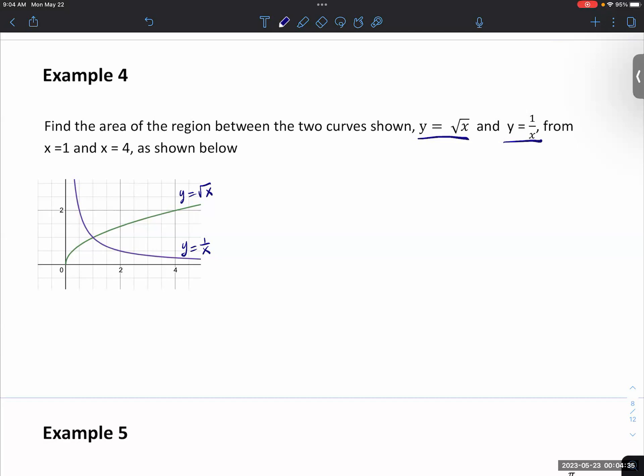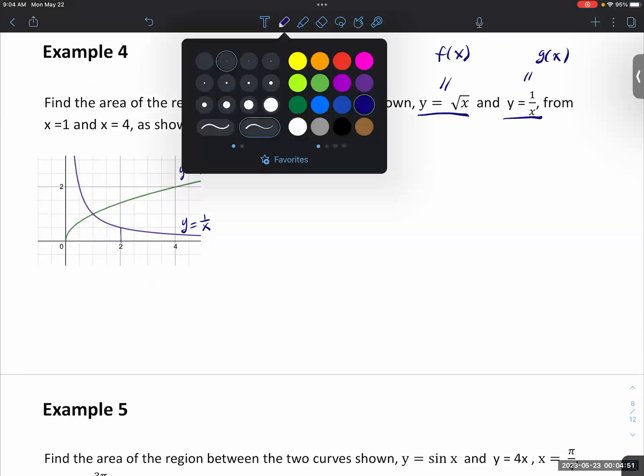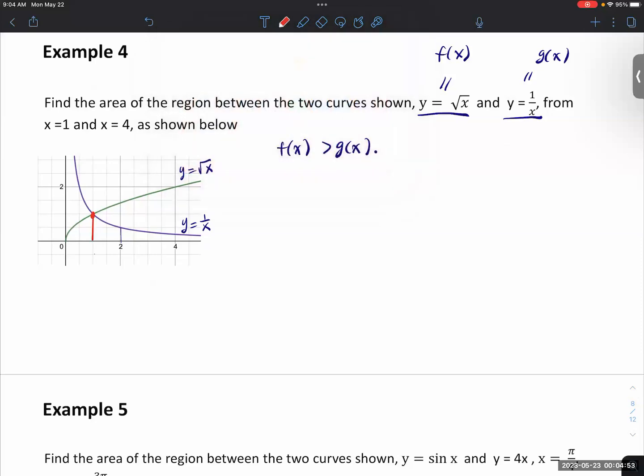The green one, whenever you have 2, 3, 4, green is always higher. So we know that this is f and this is g. So f of x is higher than g, we check. And then they tell us where to where, here, 1 to 4. So we are looking for this area.